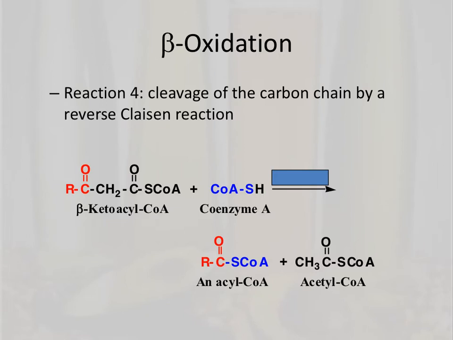It comes in, it cleaves, it's a reverse Claisen reaction. If you need to, you can go back to organic chemistry to look up those Claisen reactions and what that means. And then it makes another acyl-CoA, but it has 2 carbons fewer than the last time. And then we have acetyl-CoA.